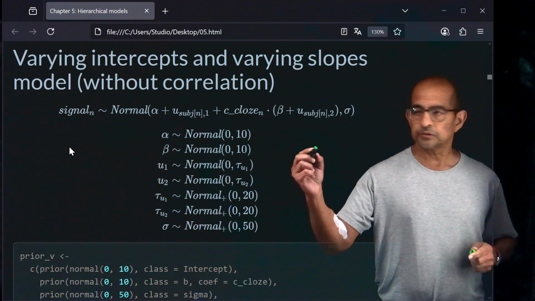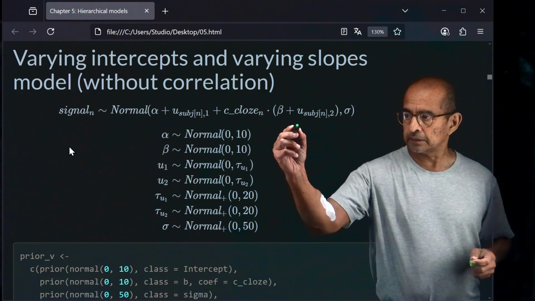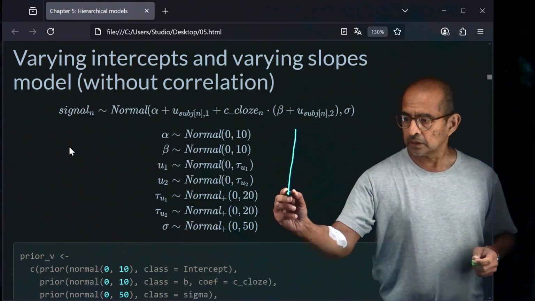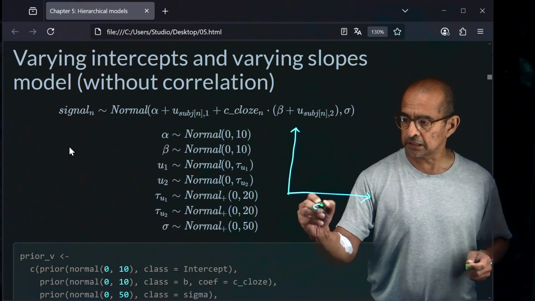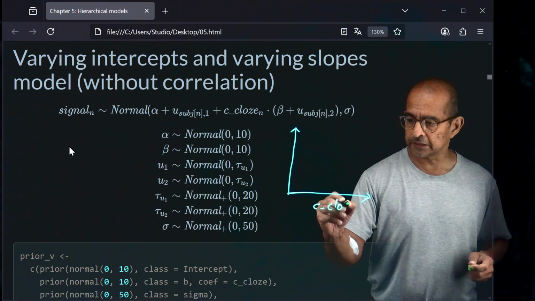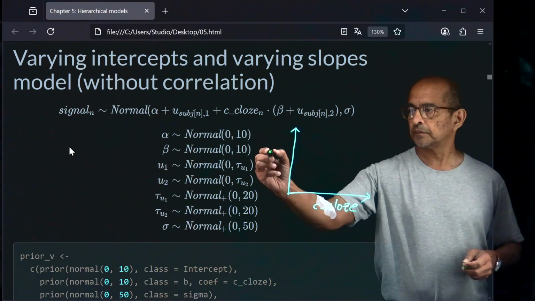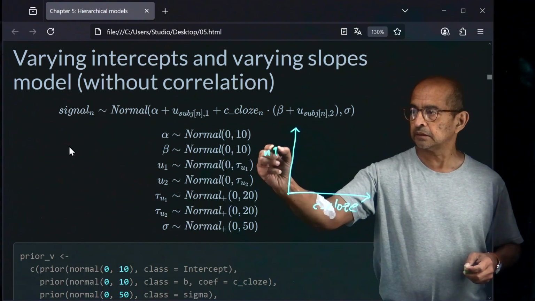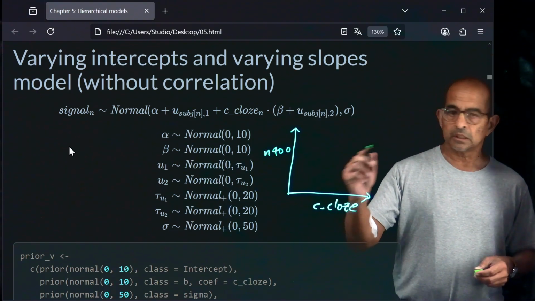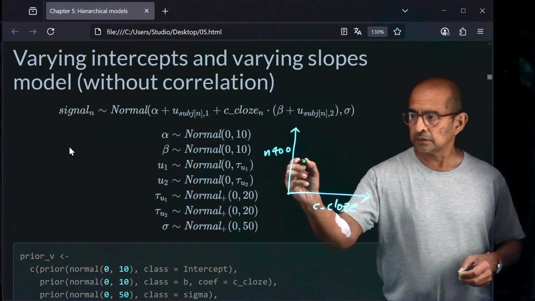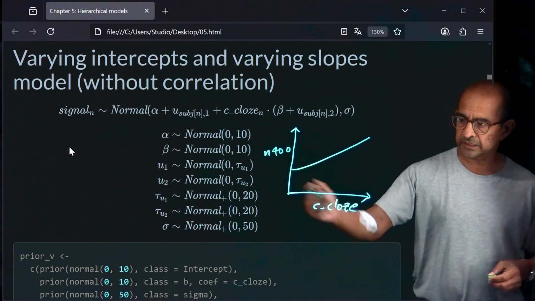So first, let me draw the fixed effects model. I've got C close as my predictor, and I've got the N400 signal as the dependent variable. So in the fixed effects model, I had something like this. I'm just drawing it in the abstract, not caring about the numbers.